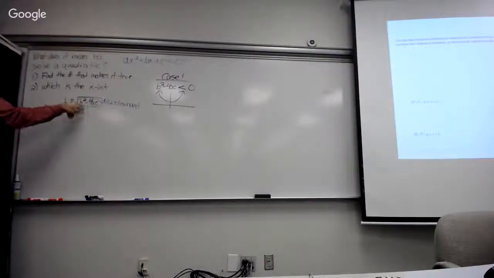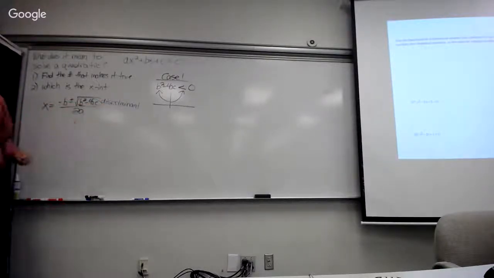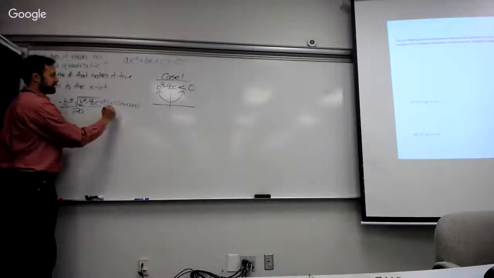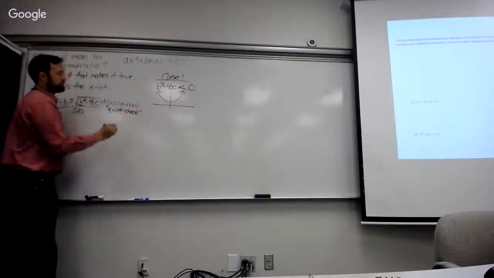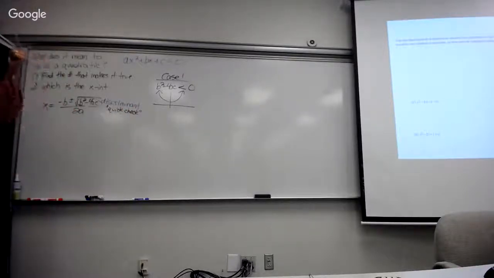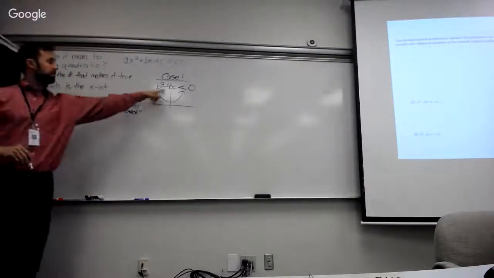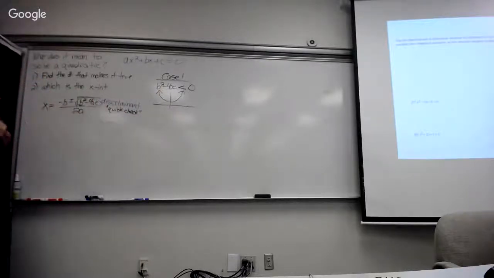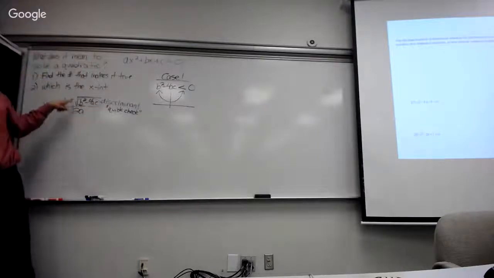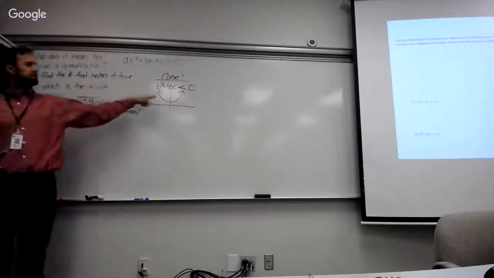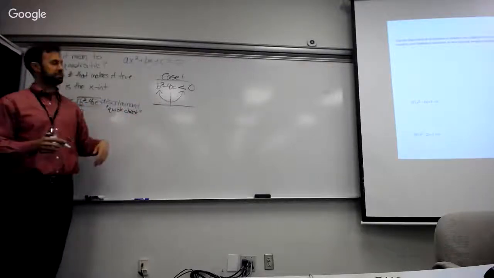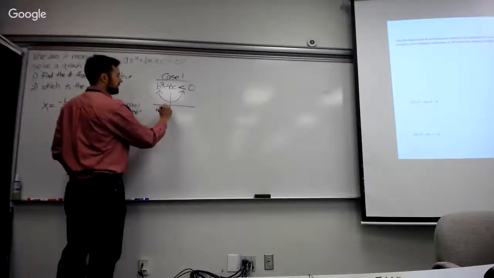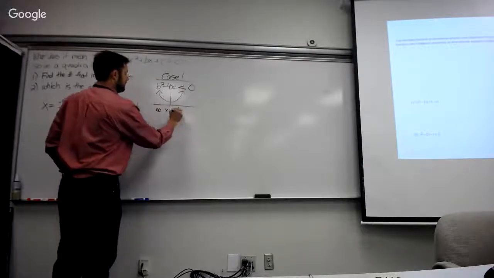We call b squared minus 4ac the discriminant because it's a quick check. You could just grab the numbers a, b, and c and do this computation real quick, b squared minus 4ac, and just determine the nature of that number. And if it's negative, you automatically know that you're square rooting a negative, which makes it imaginary, which makes the parabola floating above the x-axis, which means there are no x-intercepts. So let's write that. No x-intercepts.